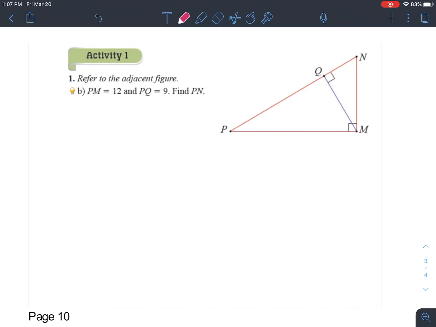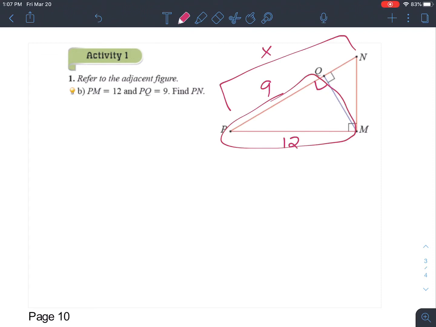Alright, so we know that PM is going to be 12, and we know that PQ is 9, and we were supposed to find PN, which I'm going to call X. So looking at this then, we have in this right triangle, the 12 is that hypotenuse, so that's going to be the part that is squared.